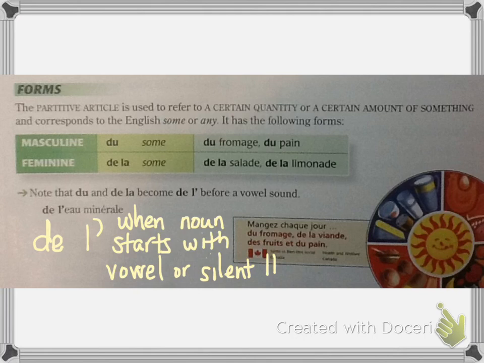So again, you use these partitive articles, du or de la, if you want to talk about just having a part of something and not eating the entire thing.